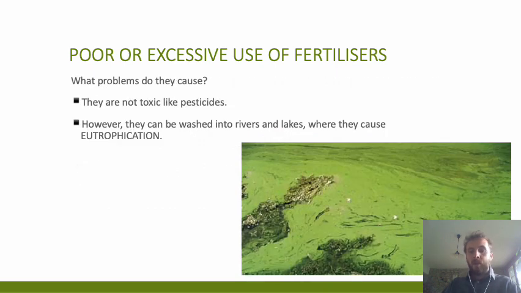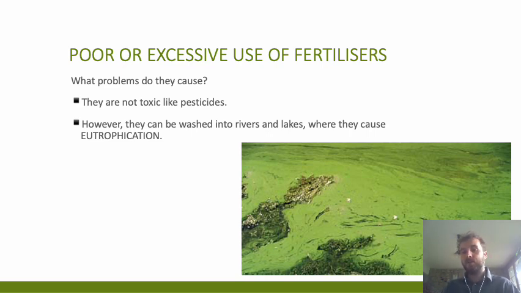Why can it be a problem? Because it's just plant nutrients, so it helps yields, and there's not much reason for it to be an issue. They are not toxic, but depending on how much you apply, they can be washed away and find themselves in the rivers or in the lakes, and there, exactly like in the fields, they will feed the algae, and the algae will grow a lot.